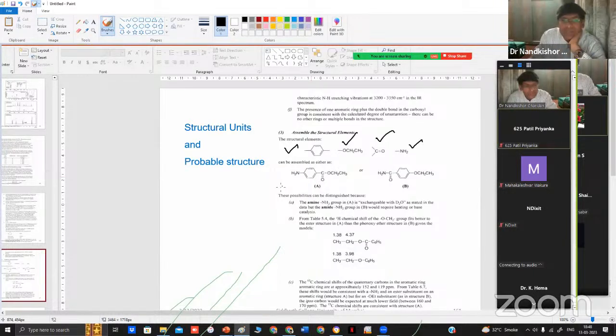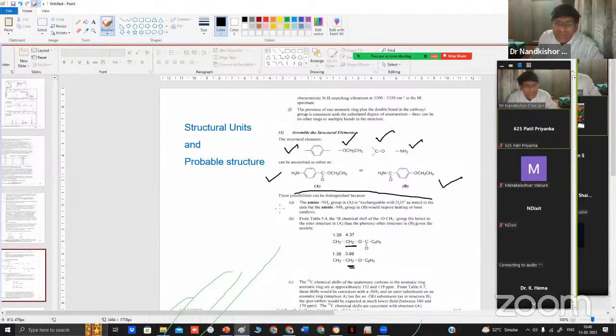Now, the possible structure may be this structure or this structure. If you want to compare, if it is an ester or ether, then for the ester, this value is 4 point something for the CH2, and for the ether, it will be 3.9. Okay, this is one thing from which you can get a little bit of an idea.